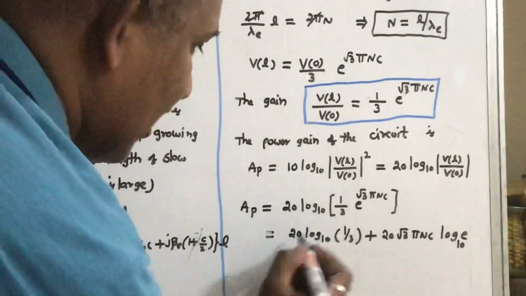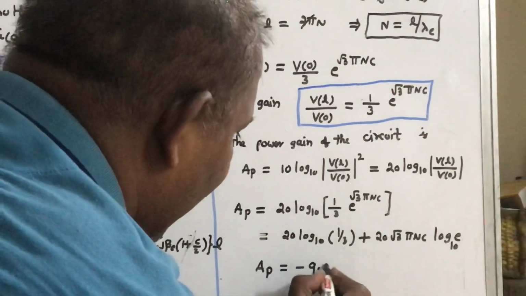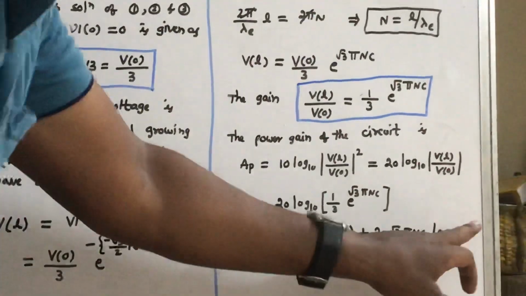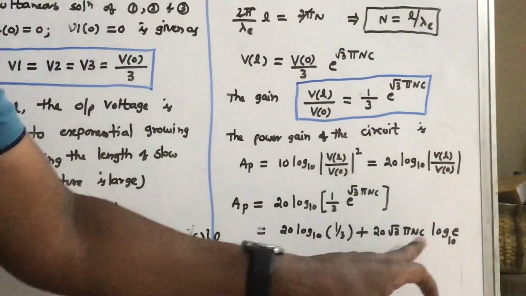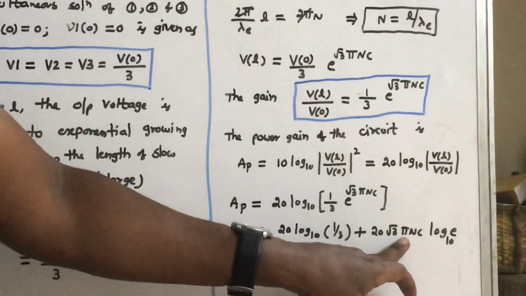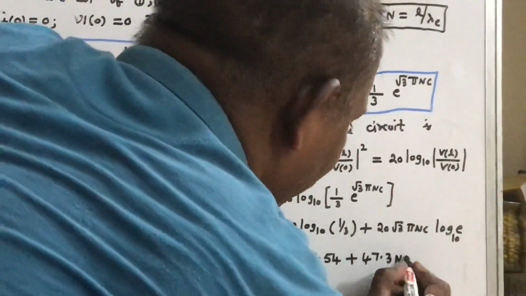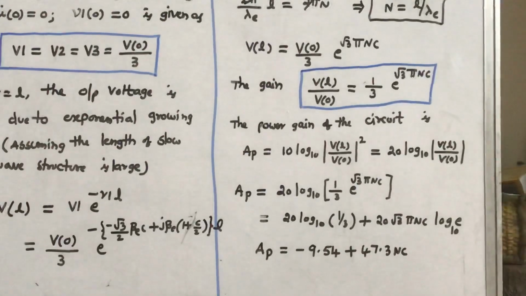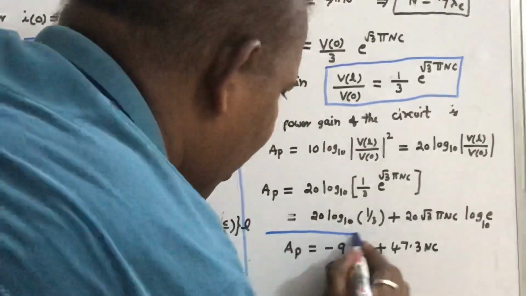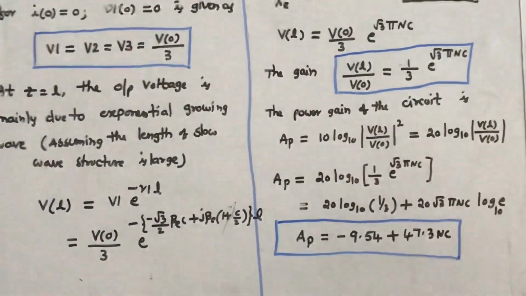If you calculate this value, the power gain will come out as minus 9.54 plus, if you calculate log e with respect to base 10 in the calculator and multiply by 20, by root 3 and by pi, 3.14, it will come out as 47.3 n C. So this is a very important formula, the power gain derivation of the traveling wave tube.